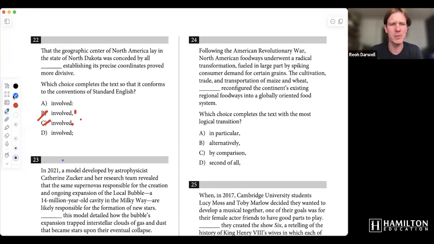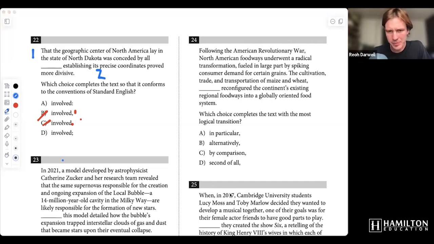And you may be wondering, okay, I know I can use a semicolon to separate two independent clauses, but can't I use a colon as a period? You can use a colon to separate two independent clauses, sure. But the only time you can do that is if the second independent clause elaborates on the information given in the first independent clause.